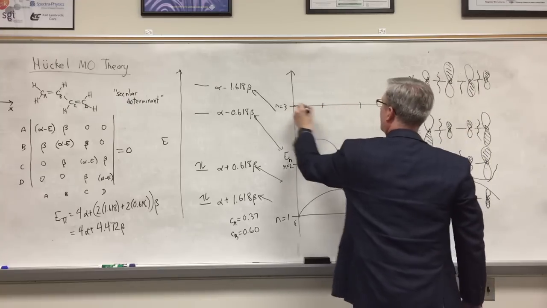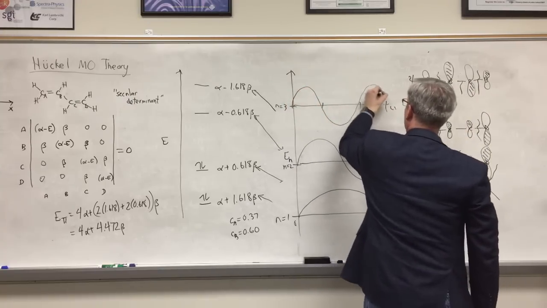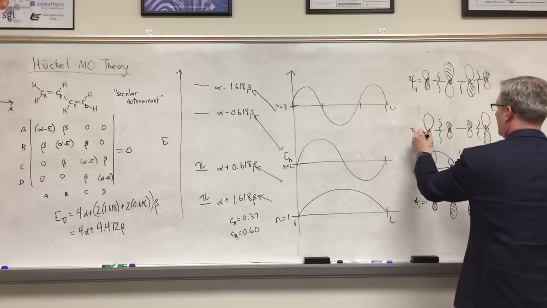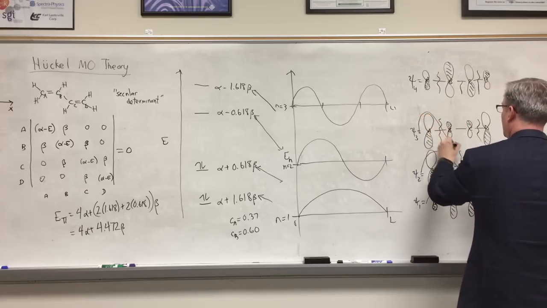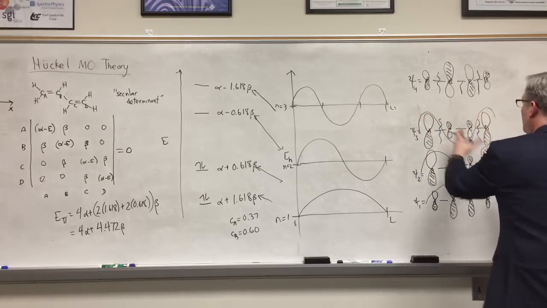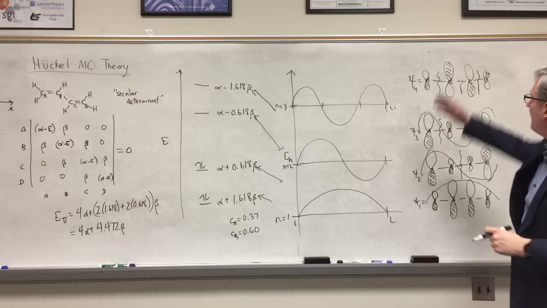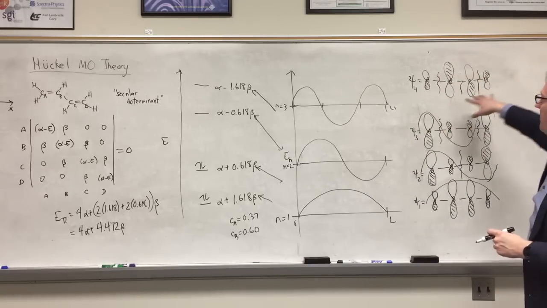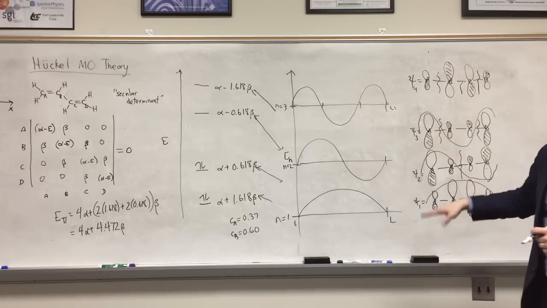Now I get 1.5 periods of sine, which is exactly what I get here, though it's not as beautifully symmetric as that would be. And for the fourth one then, I'm going to get 2 full periods of sine. But you see the analogy here.